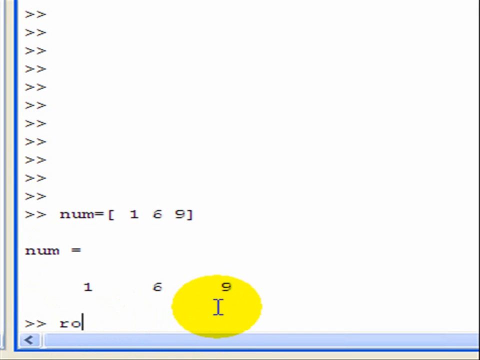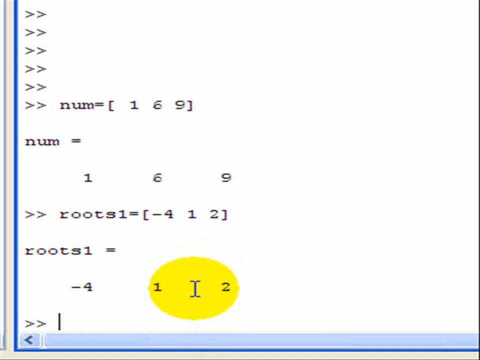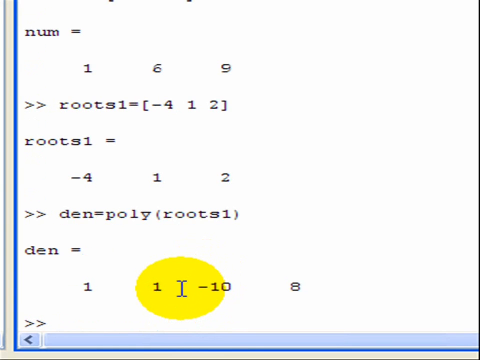Now we have our roots associated with the denominator. As you recall, it's minus 4, 1, and 2. We can form a polynomial in our denominator based on these roots. And we have s cubed plus s squared minus 10s plus 8.